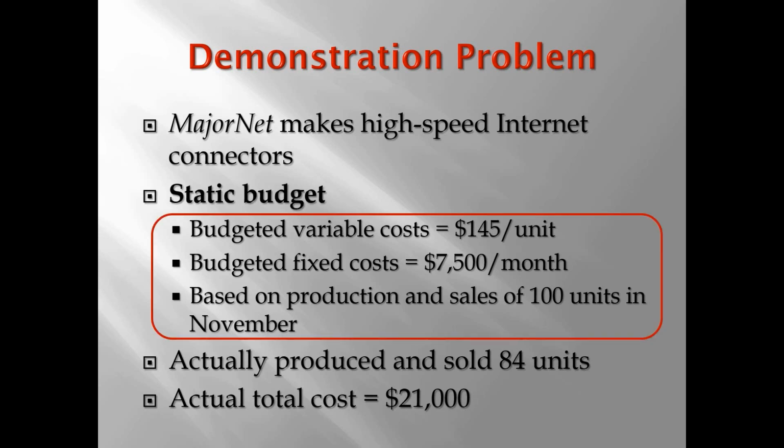Before the period started, the firm prepared a master budget that included budgeted variable costs of $145 per unit, budgeted fixed costs of $7,500 a month, and was based on the production and sale of 100 units in November.